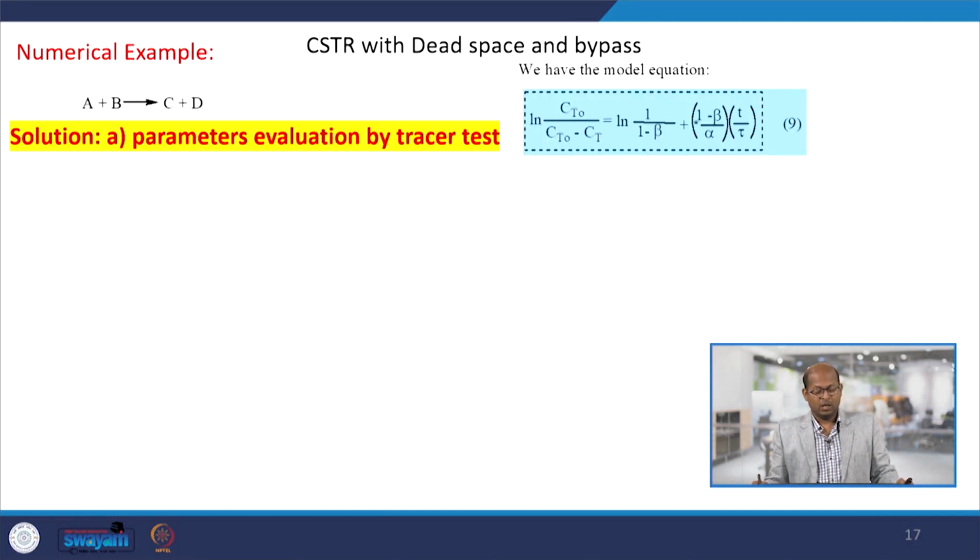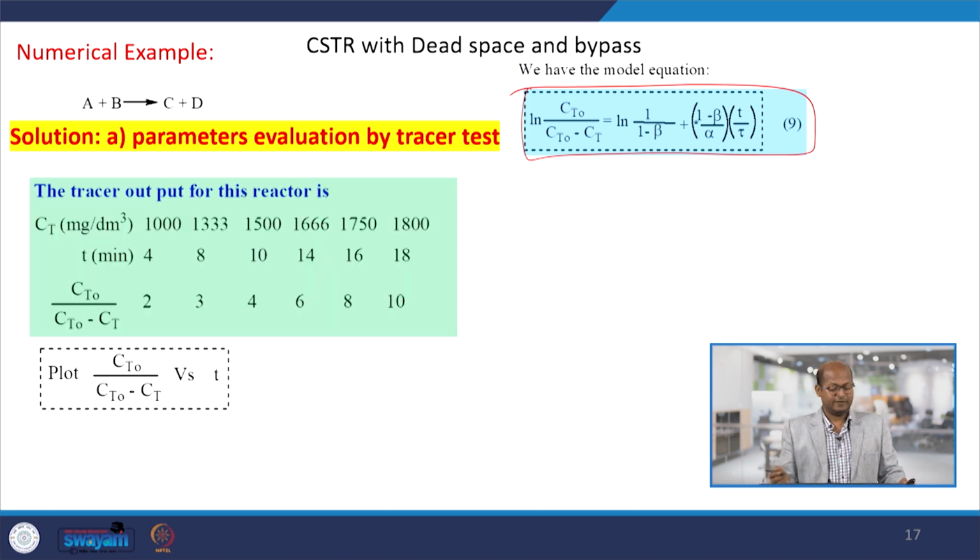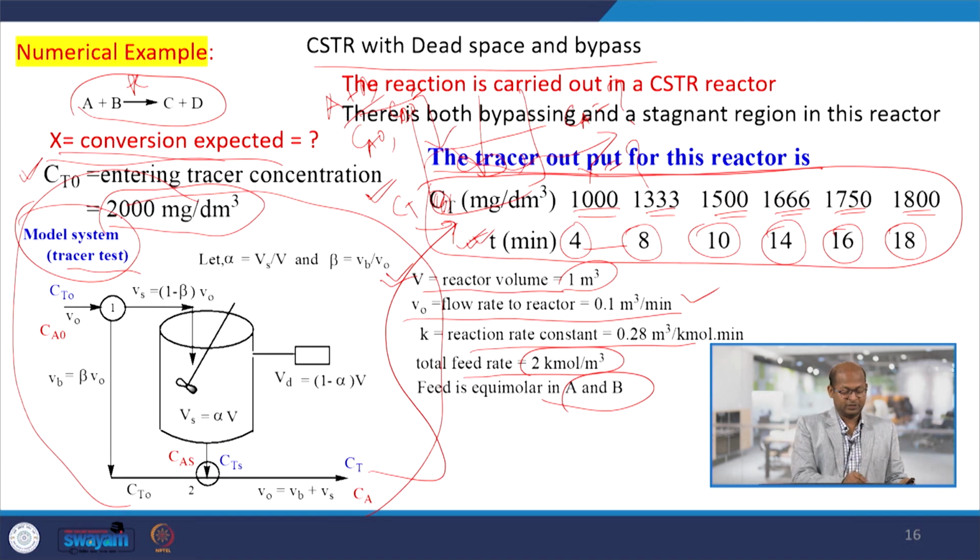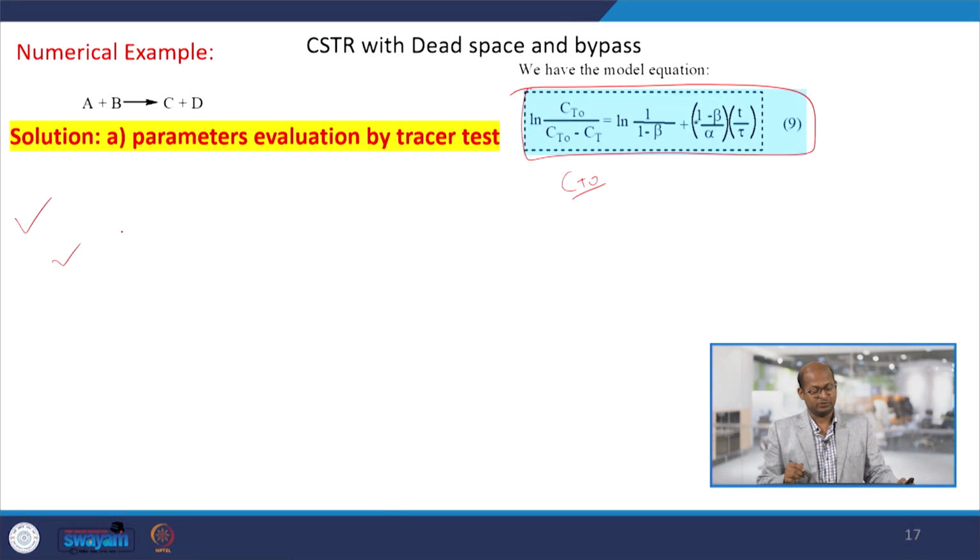So, now from the tracer test, equation 9 of the model we have developed. Here the tracer Ct and t are given, and Ct0 is known, Ct0 is given as 2000.